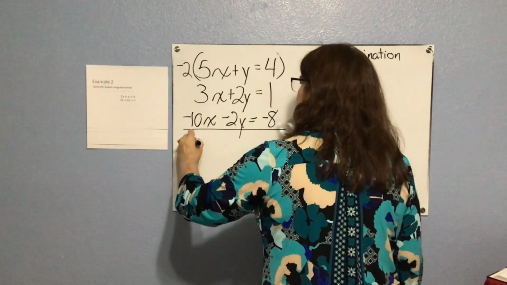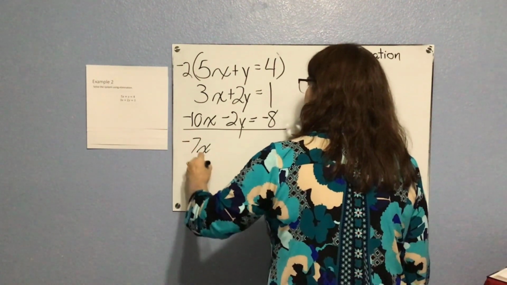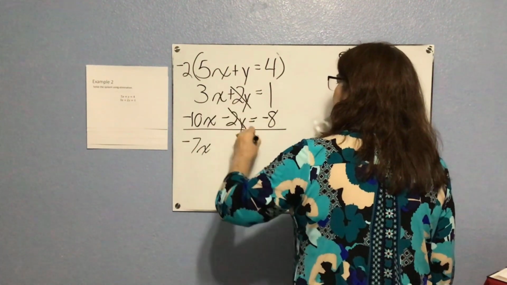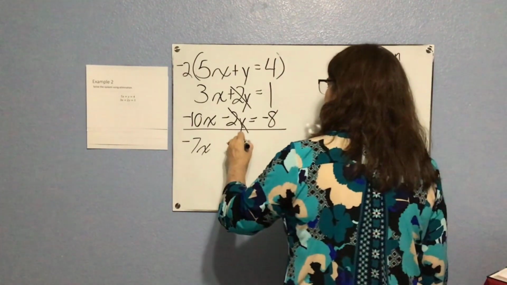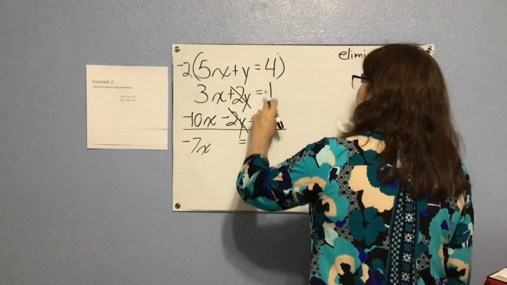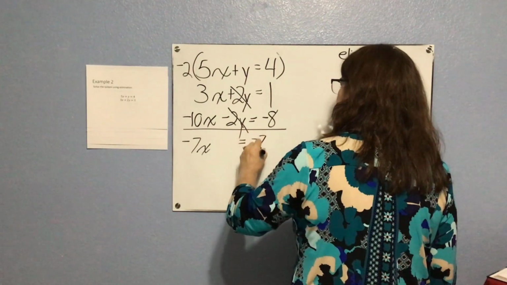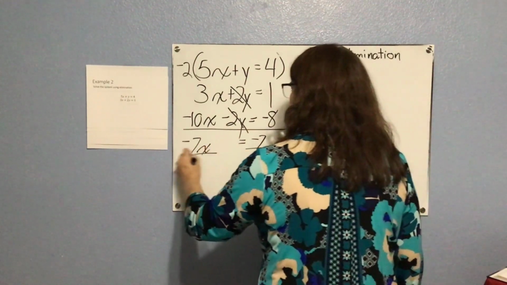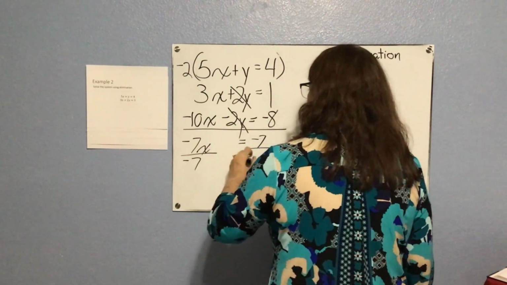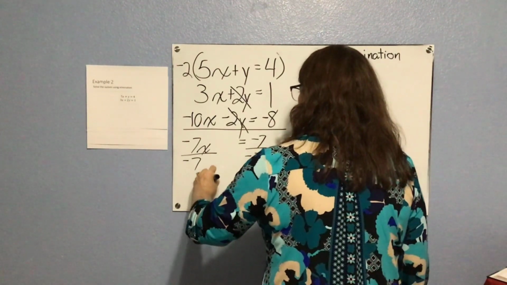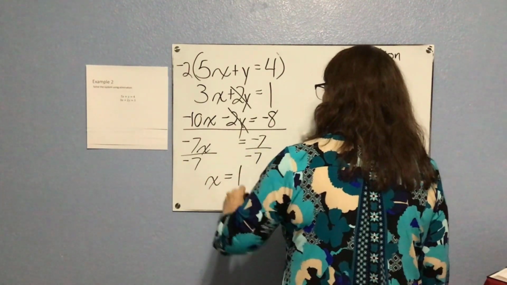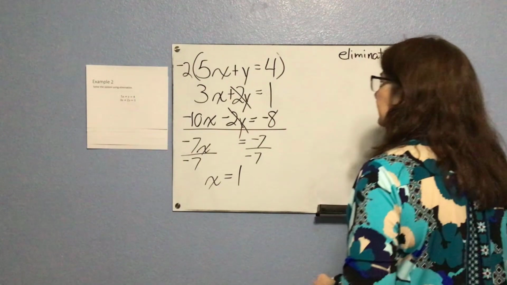This gives me negative 7x. The 2y and the negative 2y cancel each other. I've got negative 8 plus 1, so negative 7 here. When I divide by negative 7, I see that x equals 1.